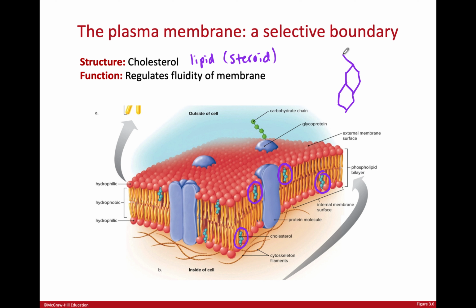You don't need to know the specific shape. But there we go, it's something like this with rings. And so it is rigid, which means it keeps the membrane a little bit stiff. But it also spaces the phospholipids away from each other, which also keeps it sort of fluid.